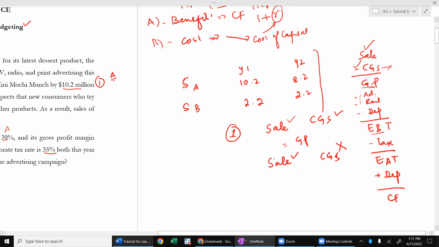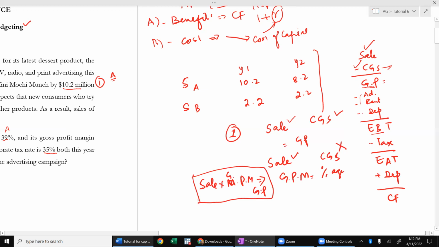To get the GP, the question will give you gross profit margin, some percentage of the gross profit margin will be given. So gross profit is equal to sales multiplied by gross profit margin, and you can easily get gross profit then.